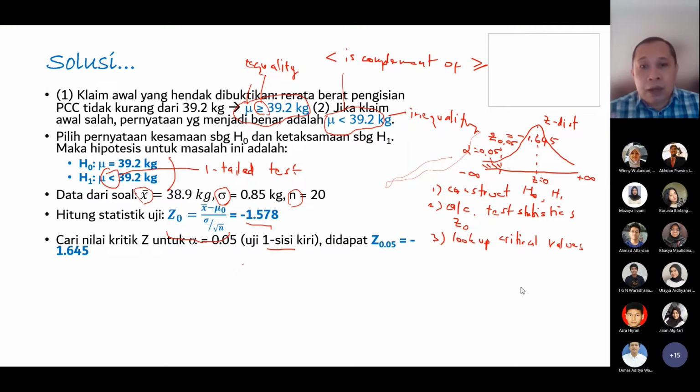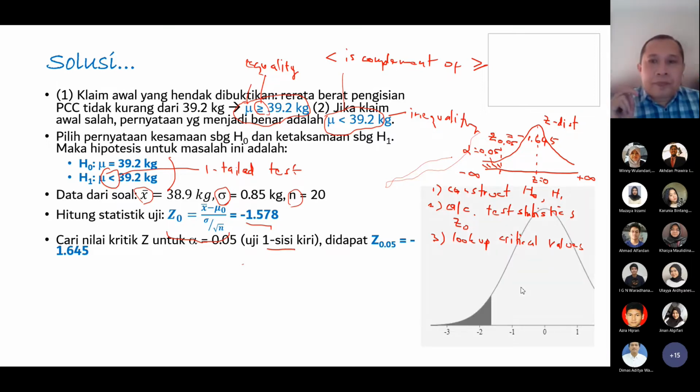And one of those are the values of critical z at 5% of alpha and 2.5% of alpha. One is 1.645 and the other one is 1.96.